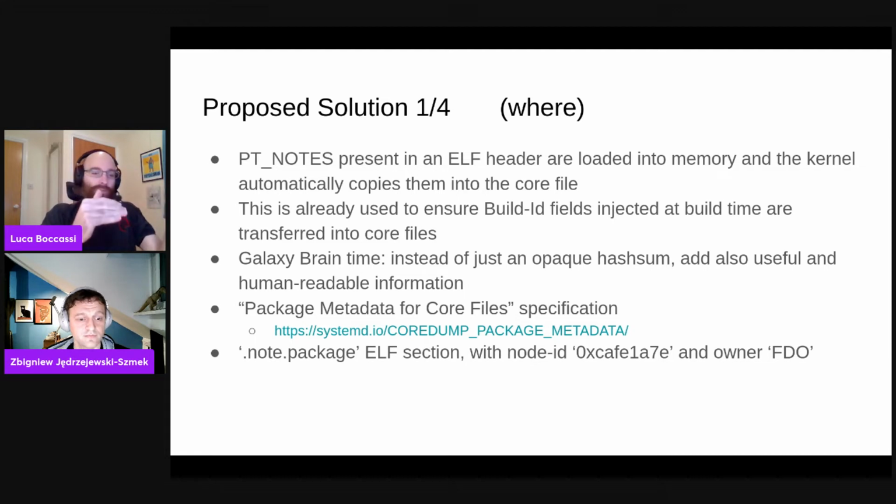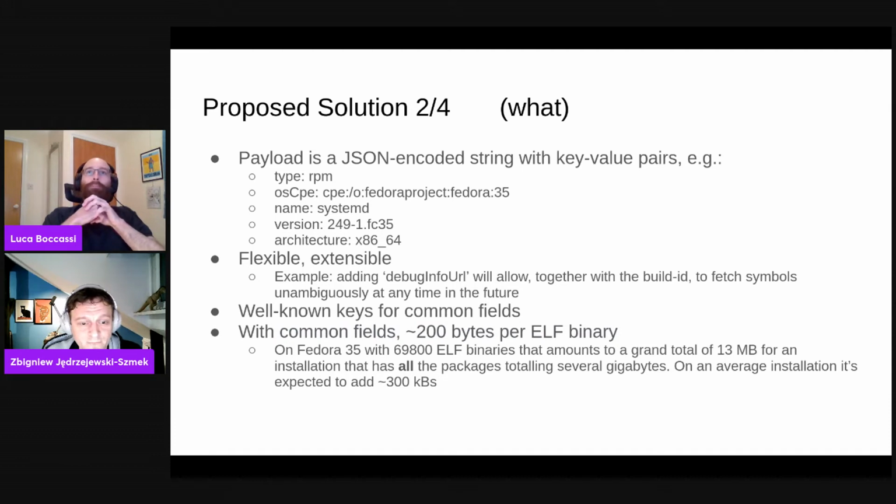These are the low-level details of the ELF format. Now we look at the payload. What we put there is a simple key value dictionary formatted as JSON. We experimented with a few different things, in particular a set of notes, but it's more space efficient and just easier to have a single note with a blob of text.